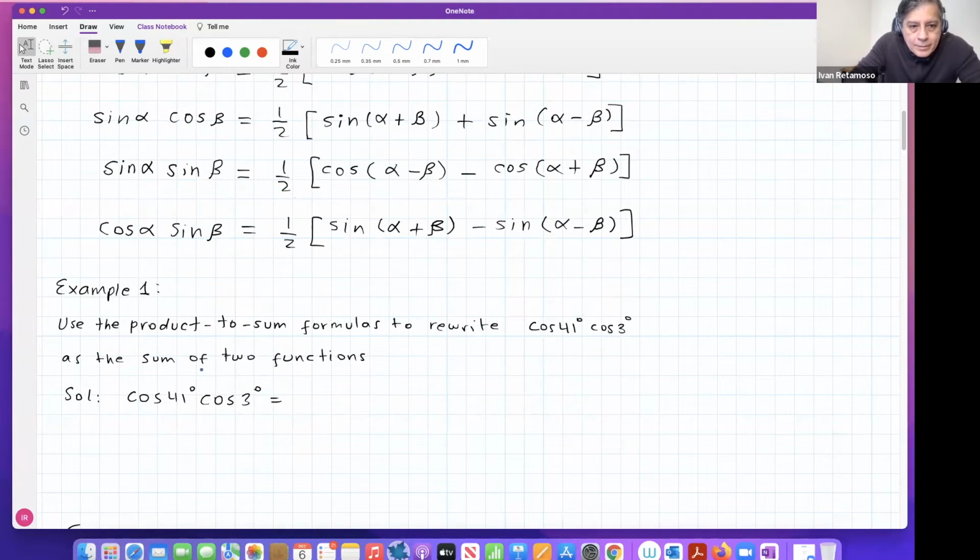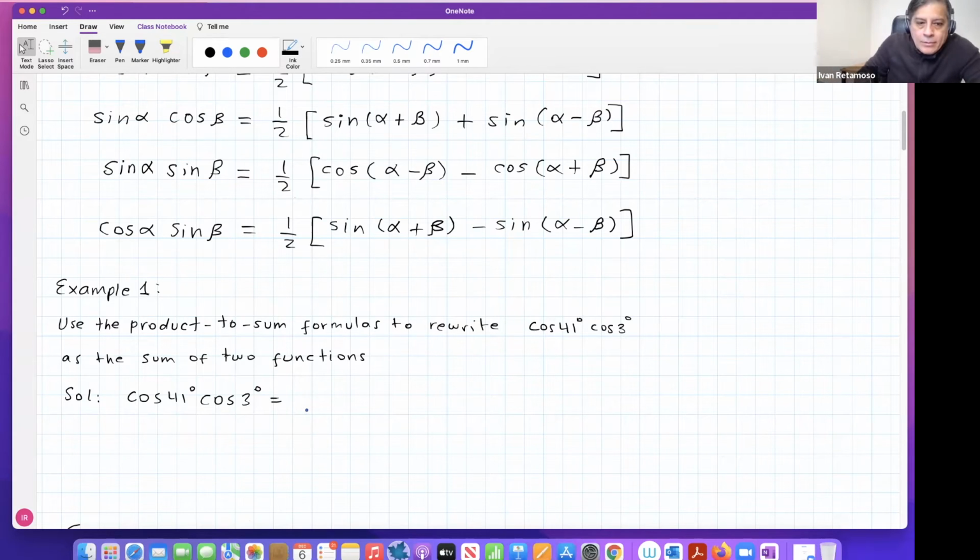Example 1. Use the product to sum formulas to rewrite cosine of 41 degrees times cosine of 3 degrees as the sum of two functions. Solution: cosine of 41 degrees times cosine of 3 degrees equals what?